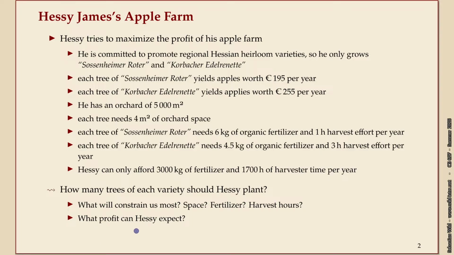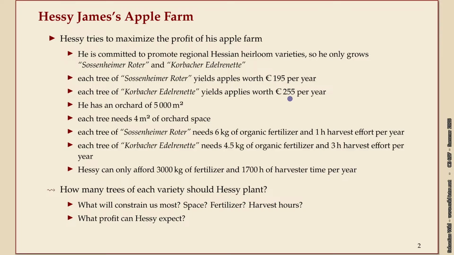And any guesses for the overall profit? We can do some quick bounds. From the space, I guess, less than 1,000 trees and so on and so forth. It can't be more than 1,000 times this.